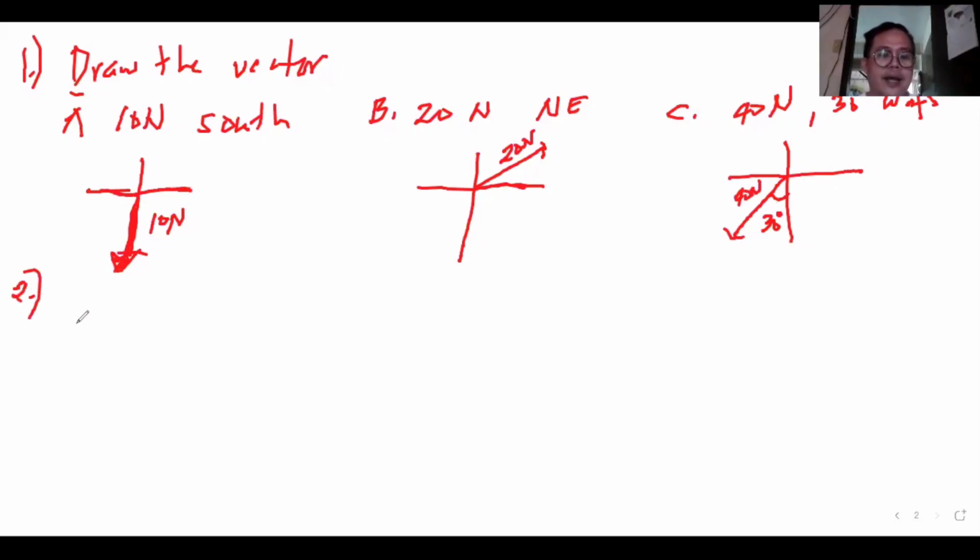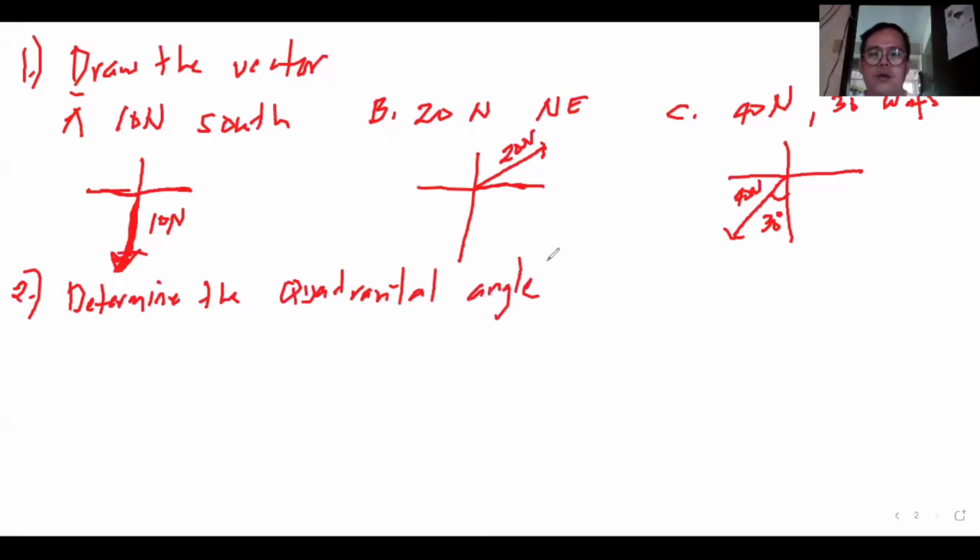Our next step is to determine the quadrantal angle. Vector A is south.